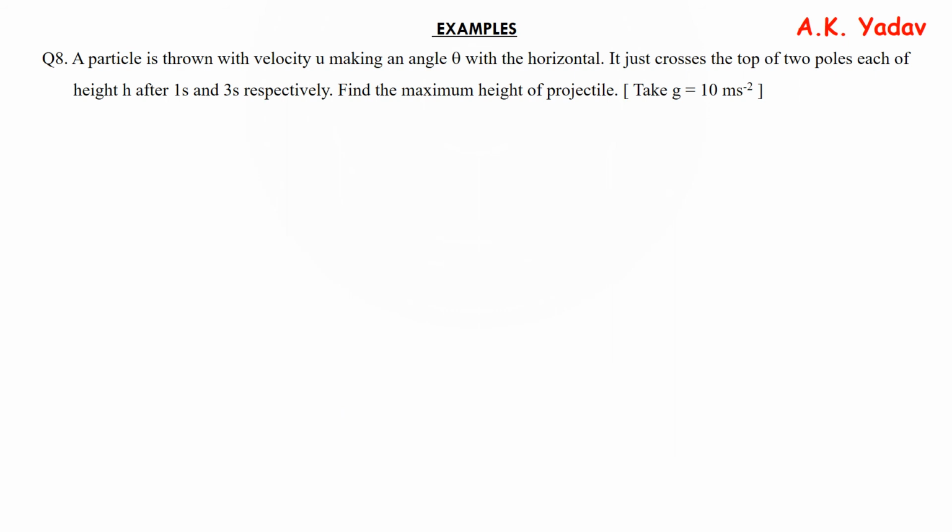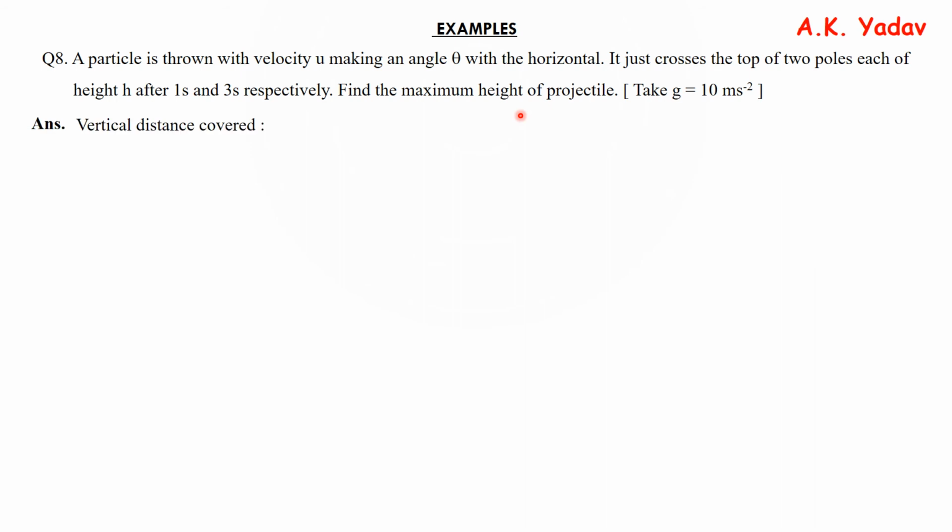A particle is thrown with velocity u, making an angle theta with the horizontal. It just crosses the top of two poles, each of height h, after 1 second and 3 seconds respectively. Find the maximum height of the projectile and take g equal to 10 meters per second square.